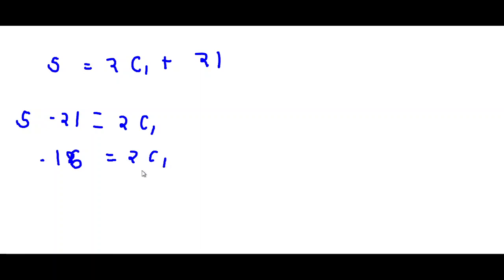So 2c1, we divide this side by 2, the other side by 2, so the value of c1 will be -8.